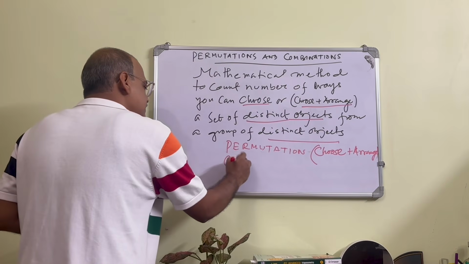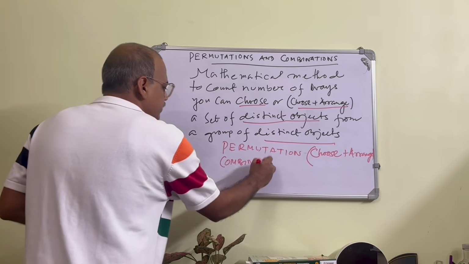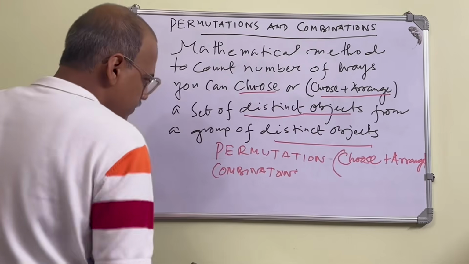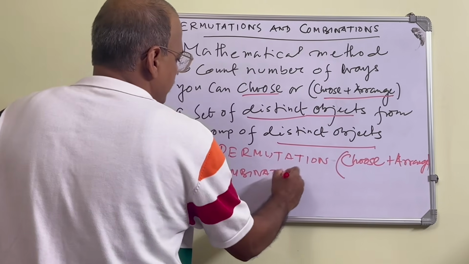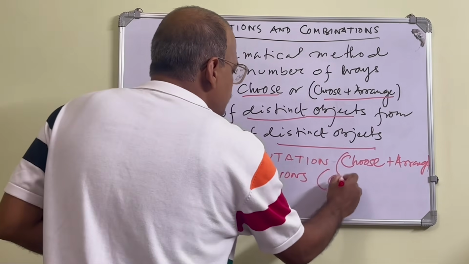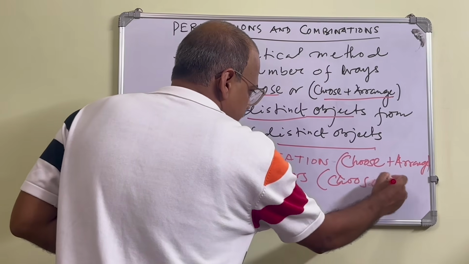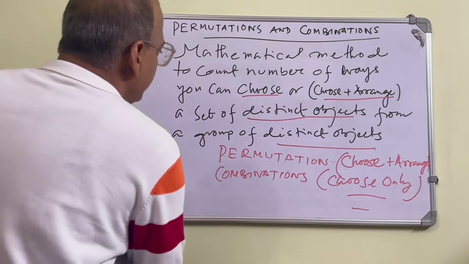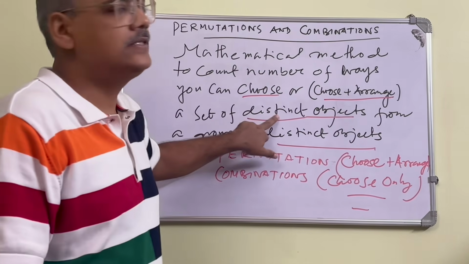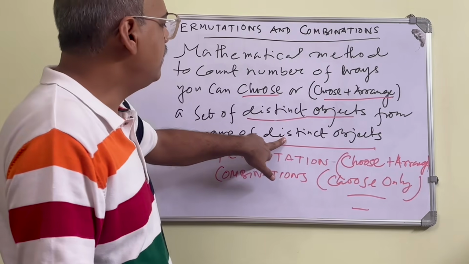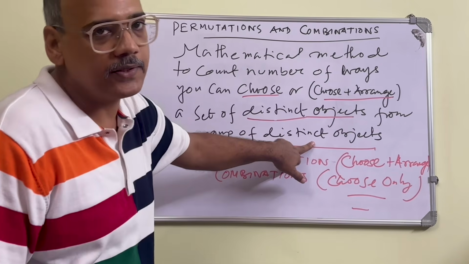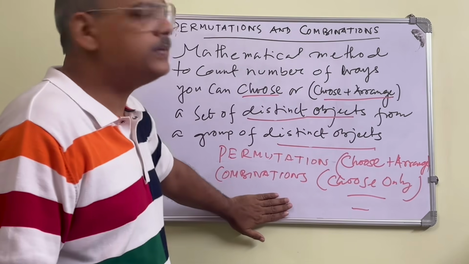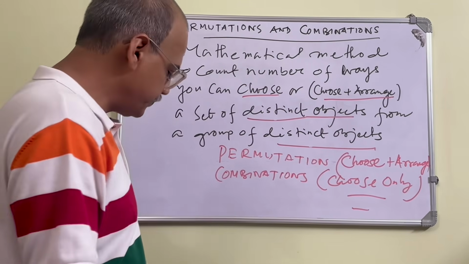And combination is choose only. And you have to choose distinct objects from a group of distinct objects. So if the objects are not distinct, then you cannot use permutations or combinations.